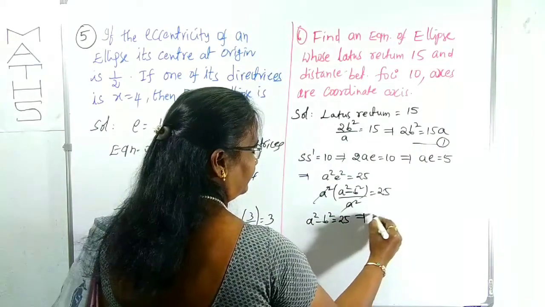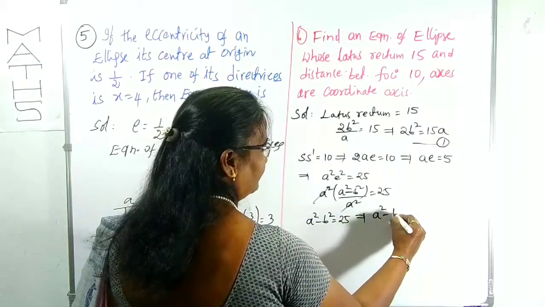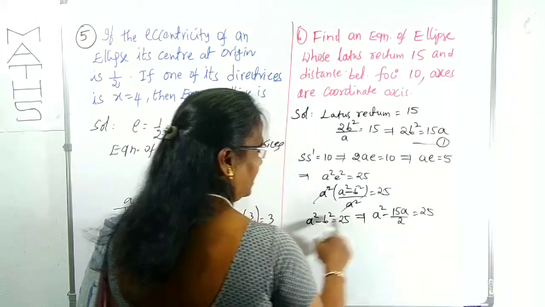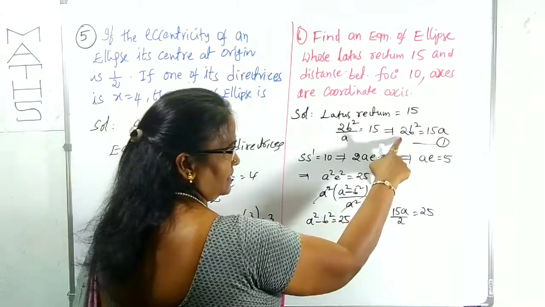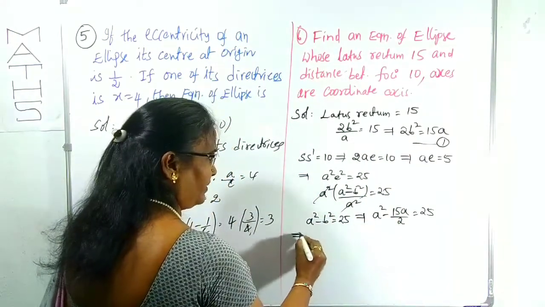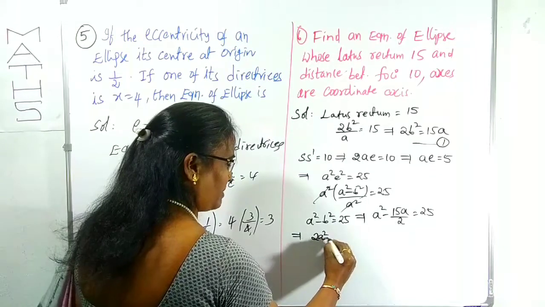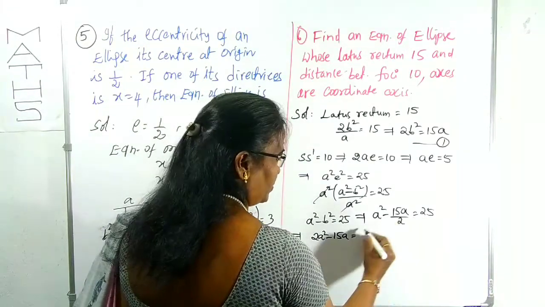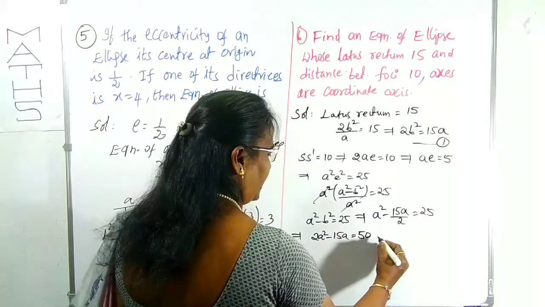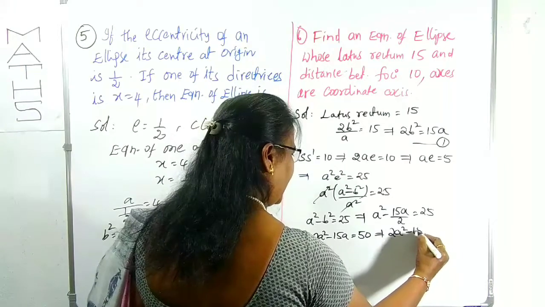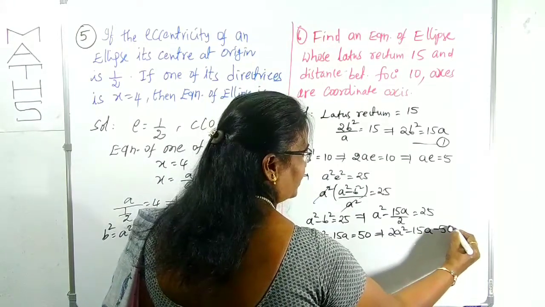Substitute here: a square minus 15a by 2 is 25. By taking the cross multiplication, LCM 2 comes here, 2 into 25 is 50. From this you can find 2a square minus 15a minus 50 equal to 0.